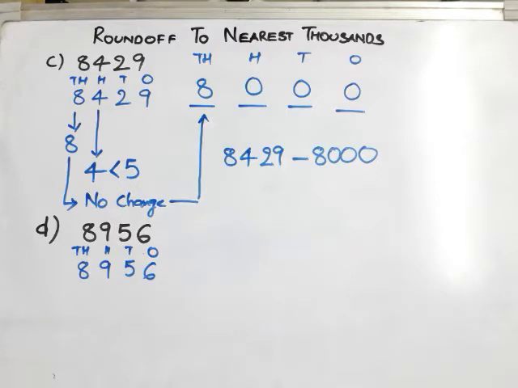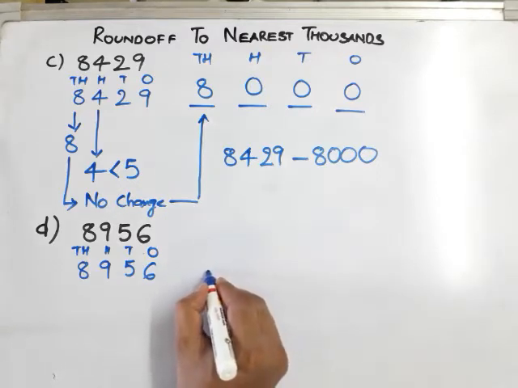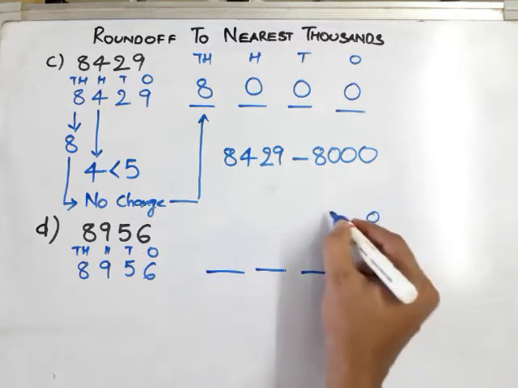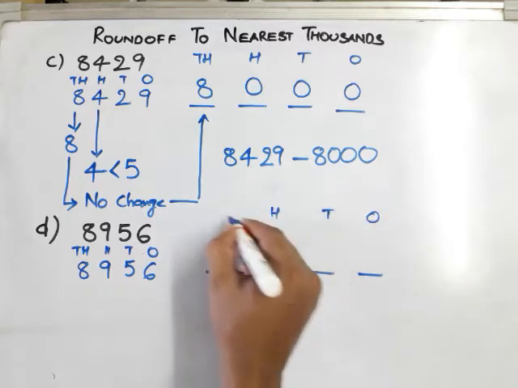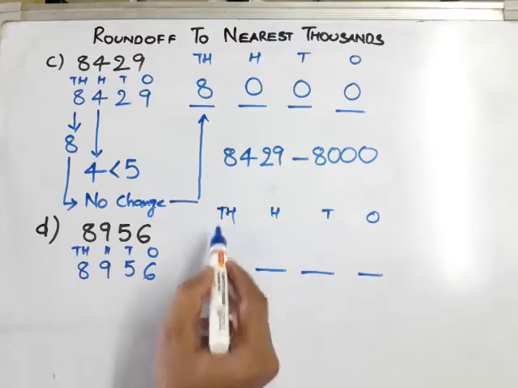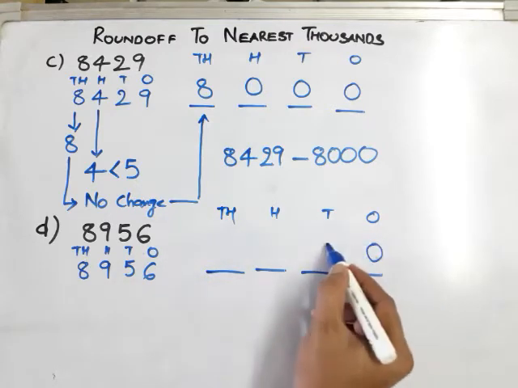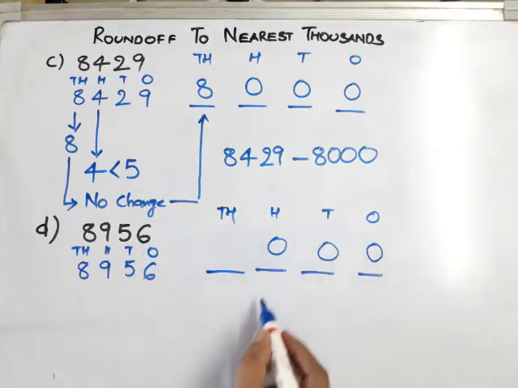Now the new number will have 4 places. As we have to round off to the nearest thousand, the digits in the ones place, tens place and hundreds place should be replaced by 0.